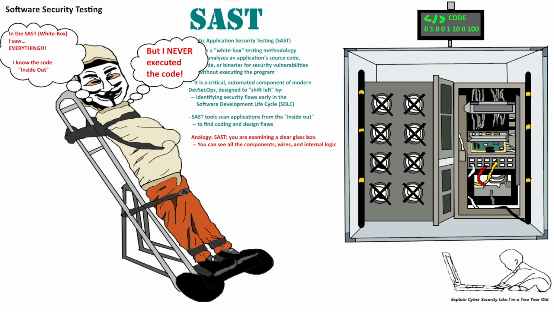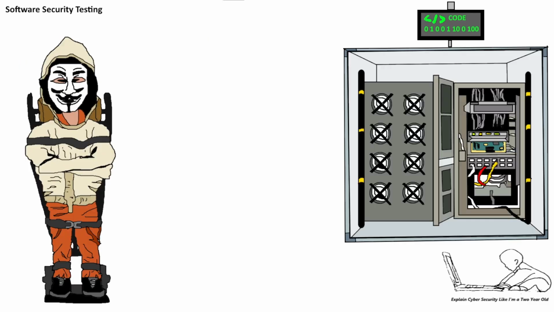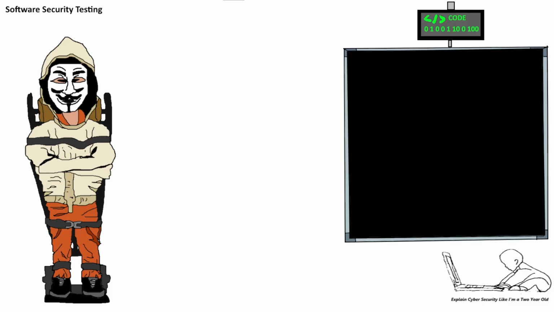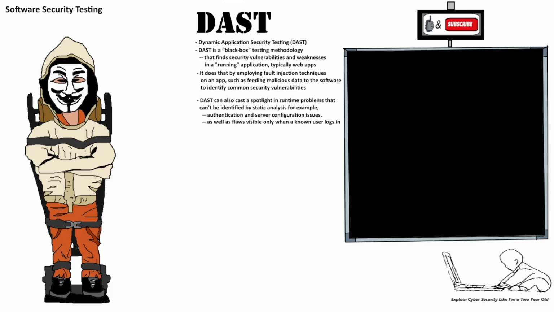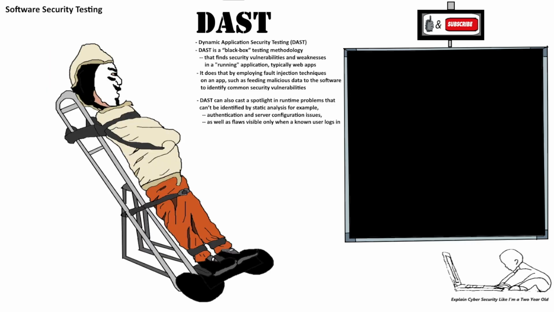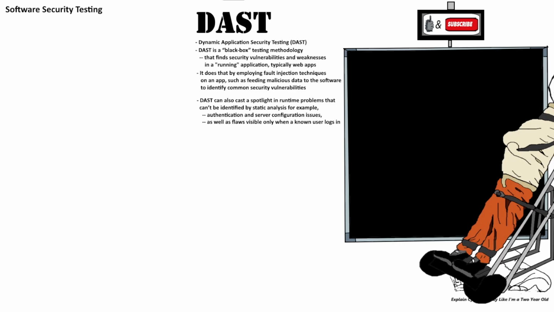This is in contrast to our next type of software testing, known as Dynamic Application Security Testing, or DAST, D-A-S-T. Unlike SAST, DAST is a black box testing methodology that finds vulnerabilities and weaknesses in a running application, usually web apps. DAST testing does not provide the tester with the source code or any of the underlying logic for that matter.